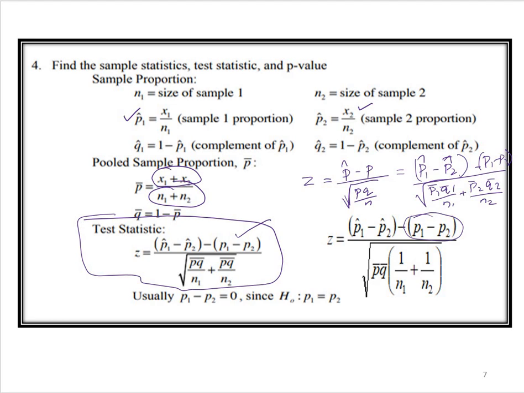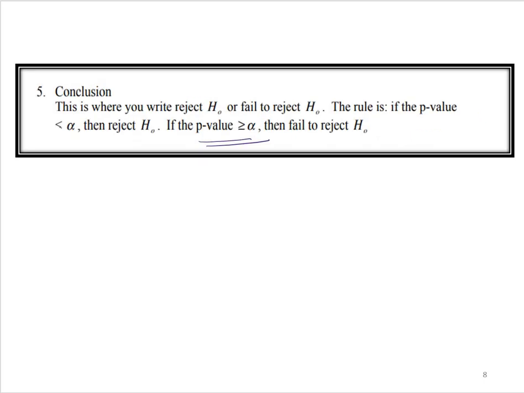Going back to the test statistic, it is P1 cap minus P2 cap minus (P1 minus P2), divided by the square root of PQ over N1 plus PQ over N2. If the p-value is greater than alpha, we will accept, meaning fail to reject, and if the p-value is less than alpha, we will reject the hypothesis.